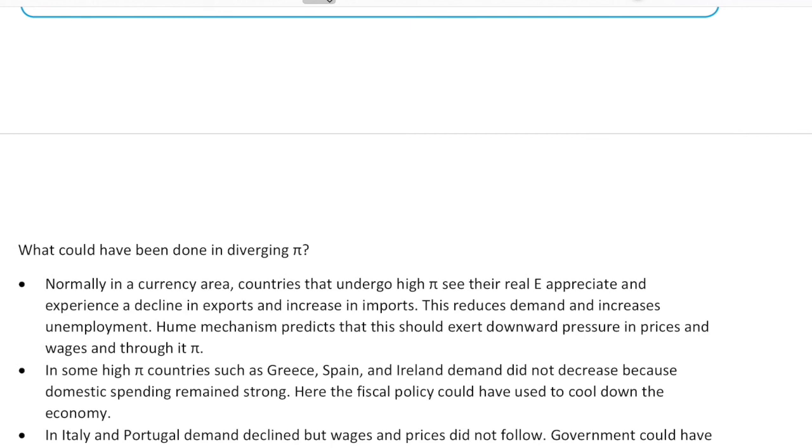But in some high inflation countries, such as Greece, Spain, and Ireland, what ended up happening is that demand for their products and services did not actually decrease because domestic spending remained strong, right? So what they could have done is use fiscal tightening that could have cooled down the economy, but they did not deploy fiscal policy.